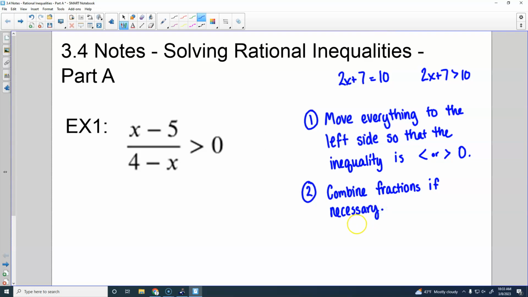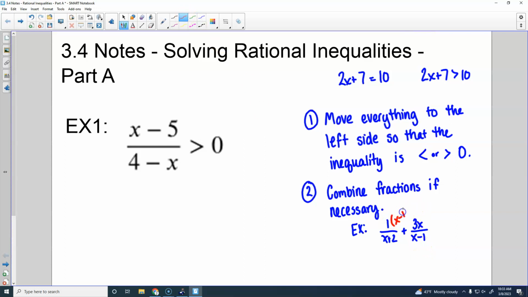What I mean by that is, if you have 1 over x plus 2 plus 3x over x minus 1, you would get common denominators.